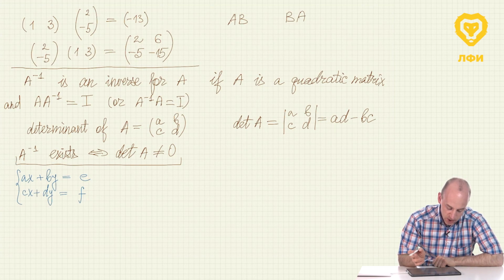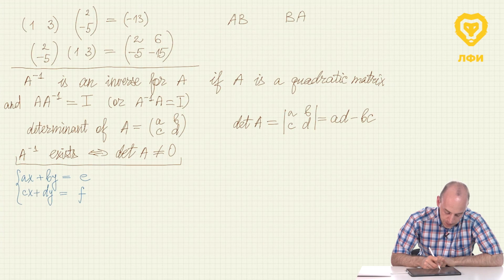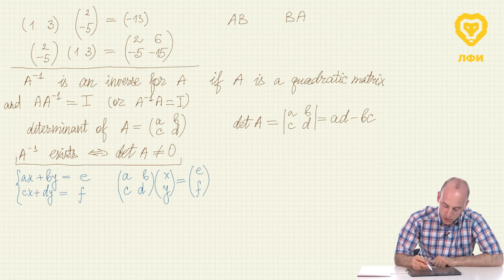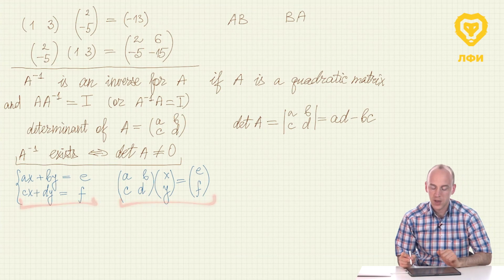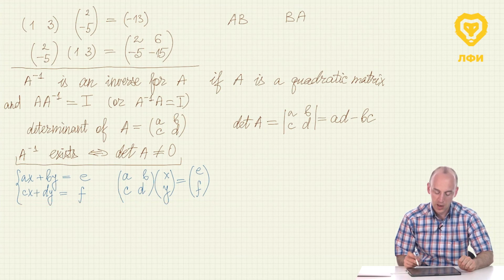In fact, such a system of equations can be represented in the so-called matrix form. That is, we can write coefficients of variables, then we can multiply it by a column of variables, and we can get a column of constant terms. So this is an alternative form of writing down the system of equations.